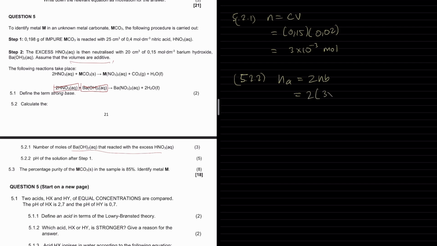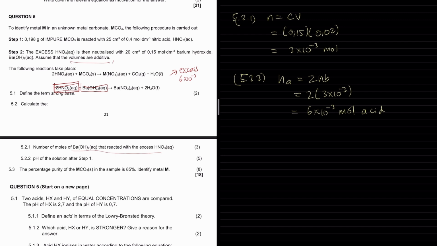So 2 times 3 × 10⁻³, that's 6 × 10⁻³ moles of my acid. Now remember, this is what was left over after the first reaction. So we can say that the excess after the first reaction is 6 × 10⁻³.